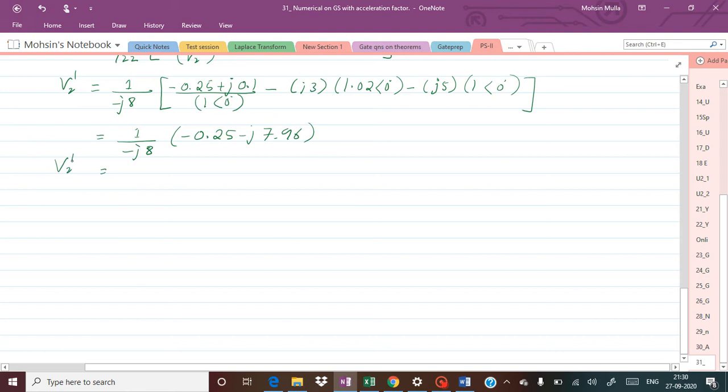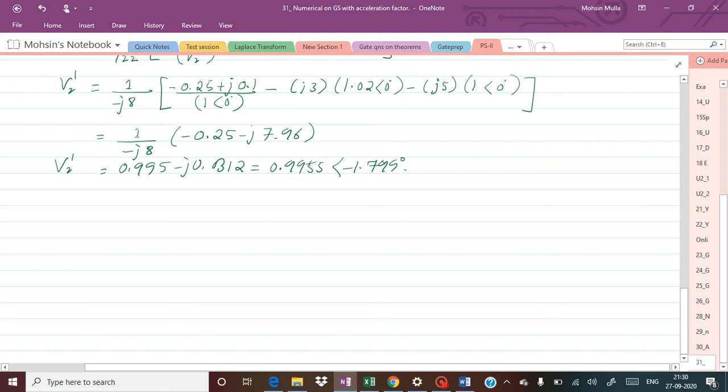Finally you will get this value in rectangular form as 0.995 minus j0.0312, which can be written in polar form as 0.9955 at an angle of minus 1.799 degrees. So this is the first iterated value that we have obtained.